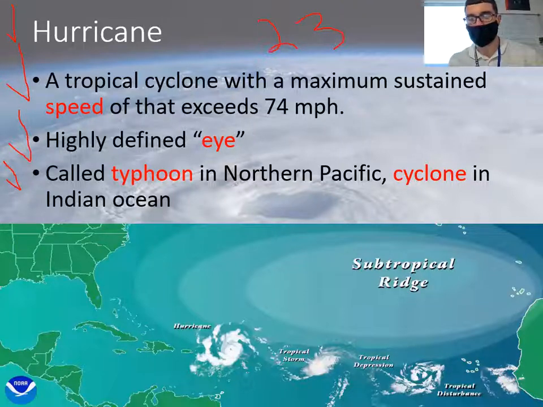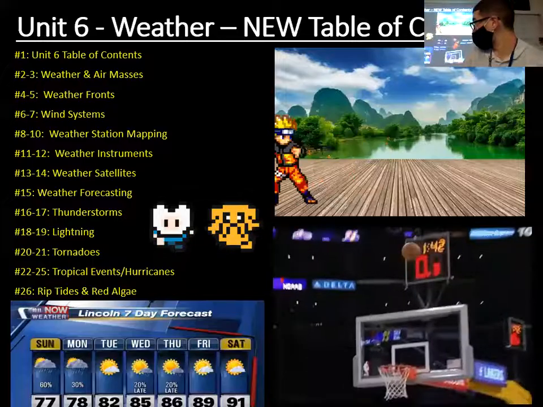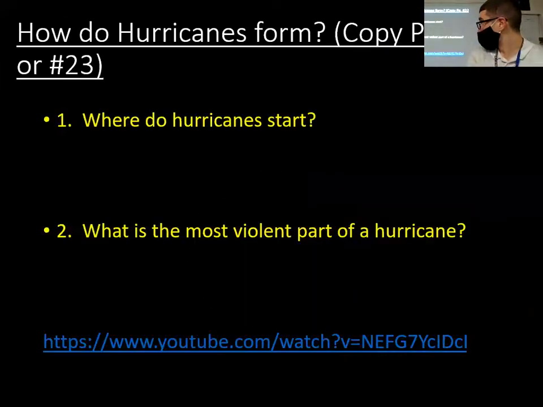Okay, and we're going to go ahead. I forgot to show the video question. We have our first video question of the day, so let's check that out. Our video questions include, number one, please write this down on page 23: where do hurricanes start?